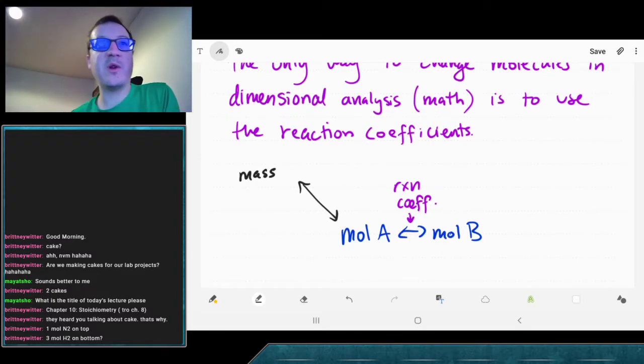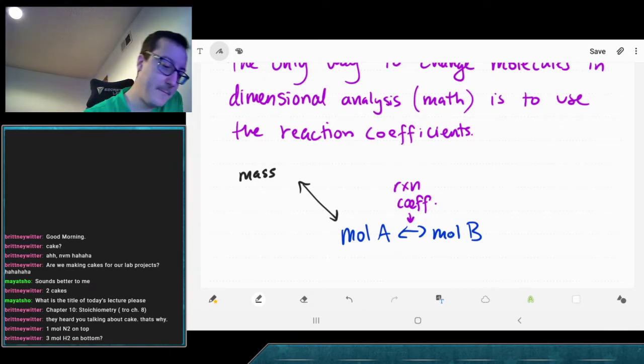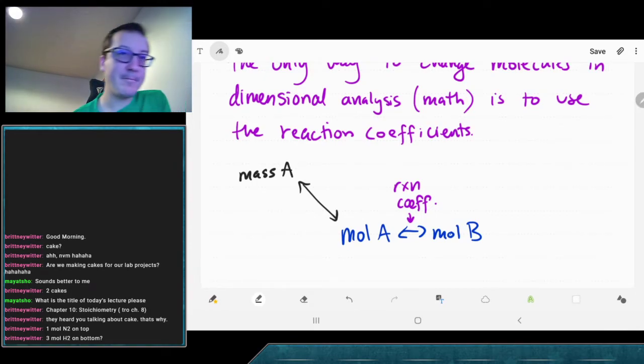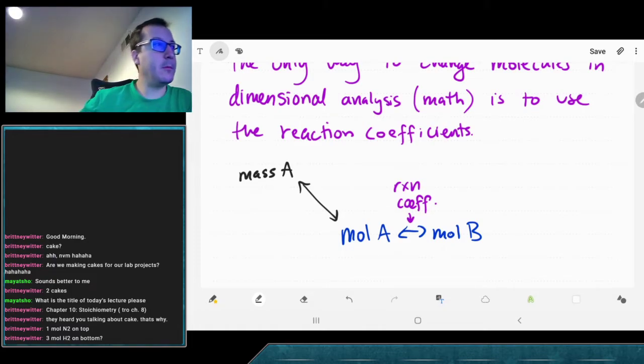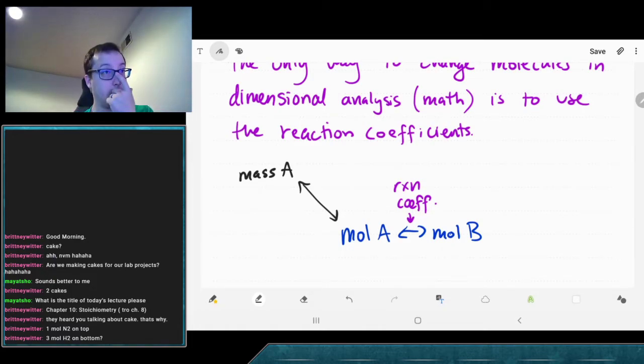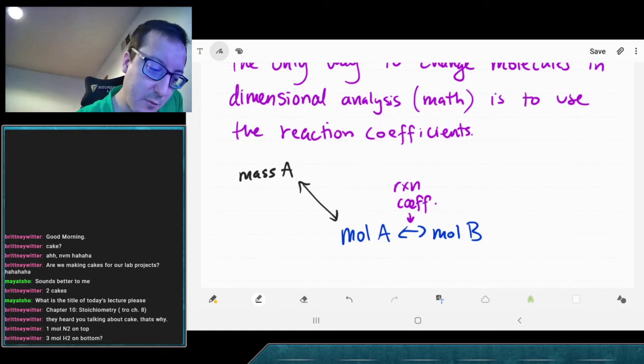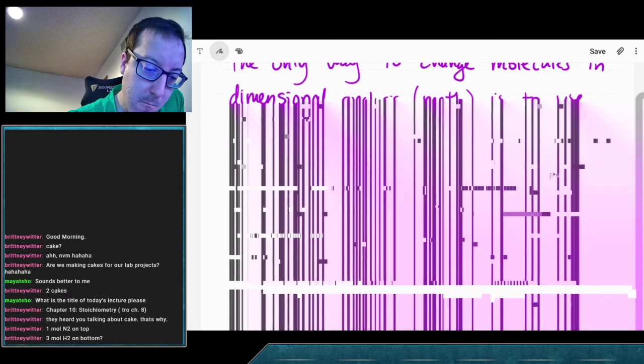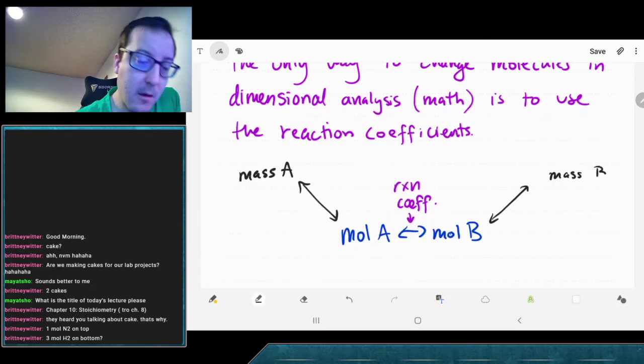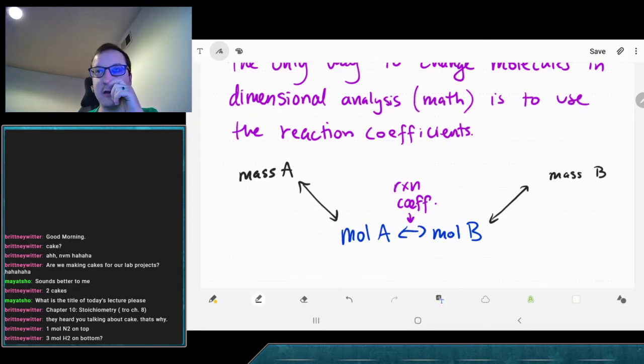How do we go between mass and moles again? Notice we can do the same thing for B. Who remembers how to go between moles and mass?